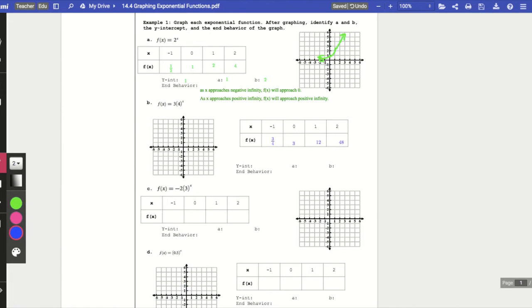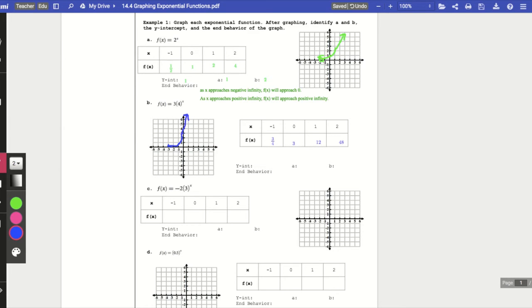So -1, 3/4, 0, 3, and 1, 12 I can kind of guess is going to be up here. So I'm going to expect my graph to make this shape up here. So again, if you just plugged in a random negative x value, you would find that on this end, as it approaches -infinity, it's going to be flattening out at 0 again.